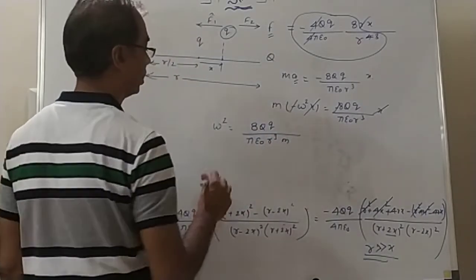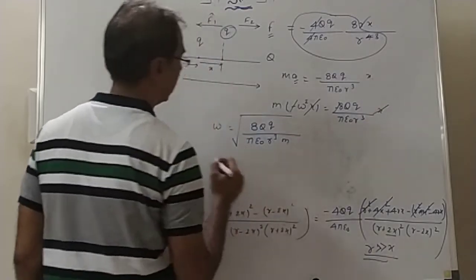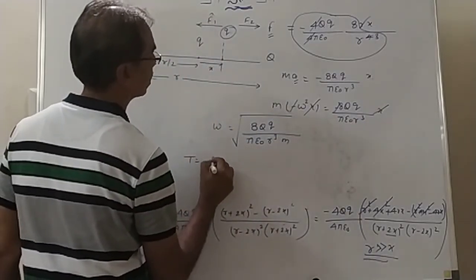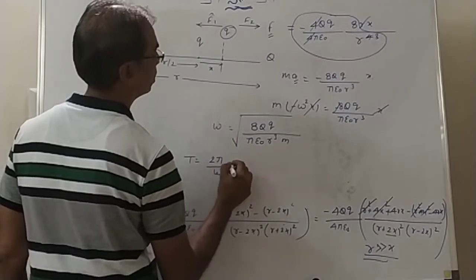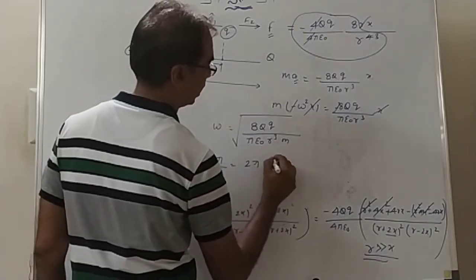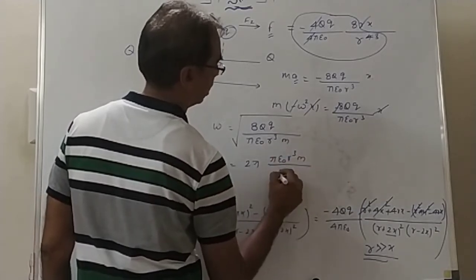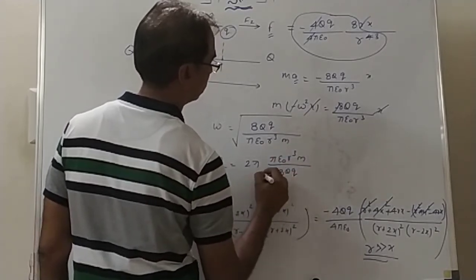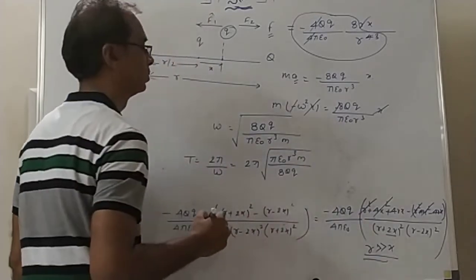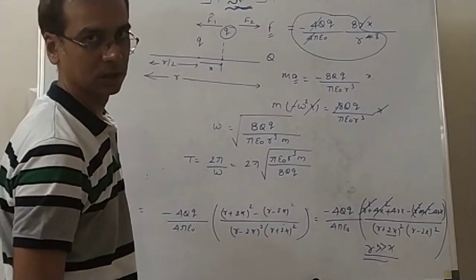This is the omega square value. The time period is 2 pi by omega, that is 2 pi into the inverse of this: pi epsilon naught r cube m by 8q. This will be our answer as far as time period is concerned.